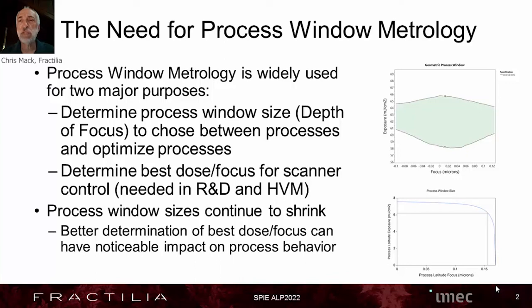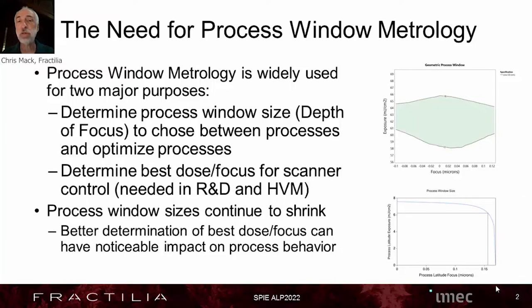Process window metrology is very important in the field of semiconductor lithography. There are two main purposes. First is to determine the process window size, to figure out what the depth of focus is at a particular exposure latitude spec, for example. This enables us to choose between processes, material A, material B, pick which source shape will provide the best results in lithography, optimize processes in general.